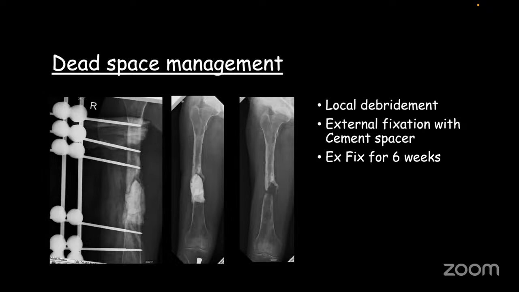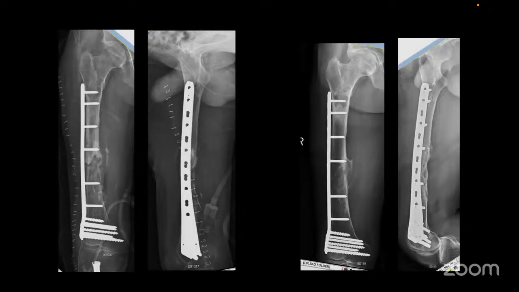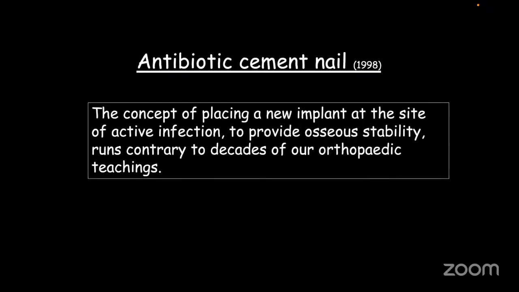Once the infection is controlled following debridement, we remove it, and then the defect and the non-union is treated with a plate in this situation and a graft to get a result like this.